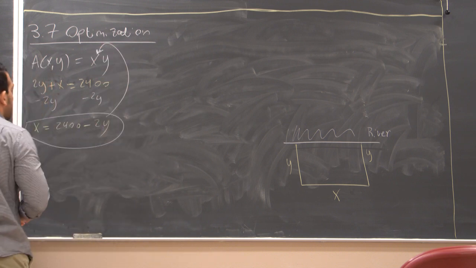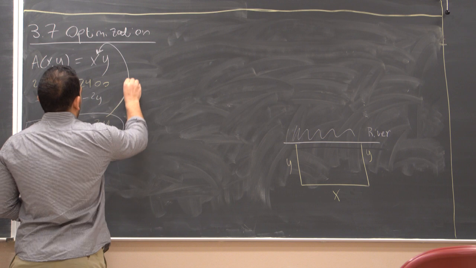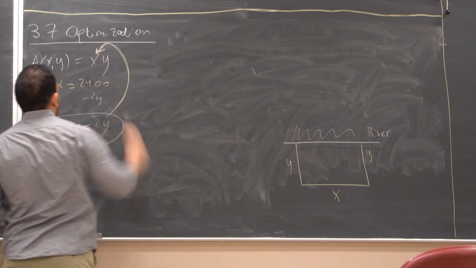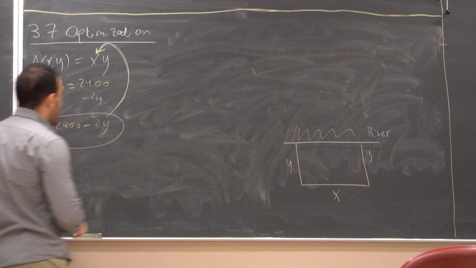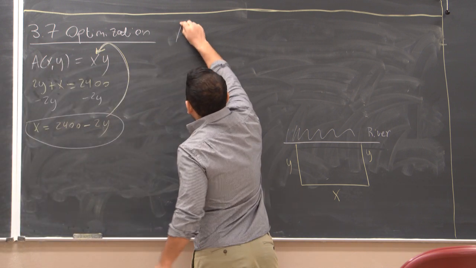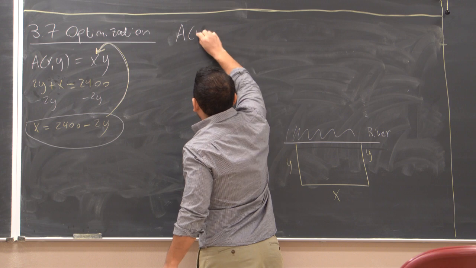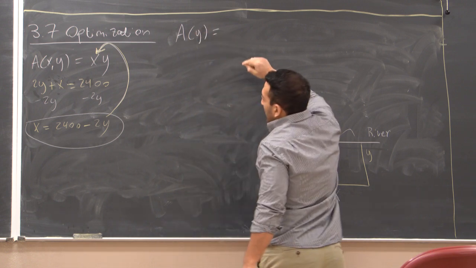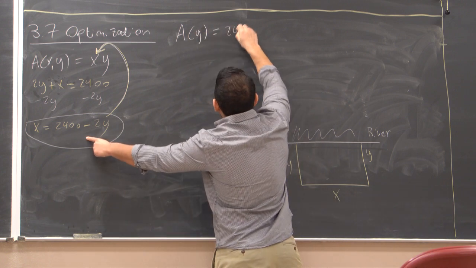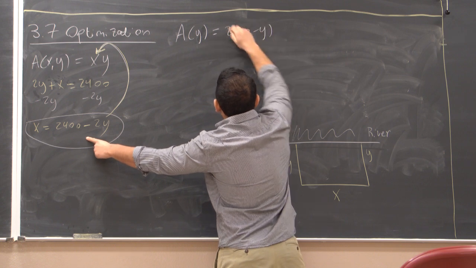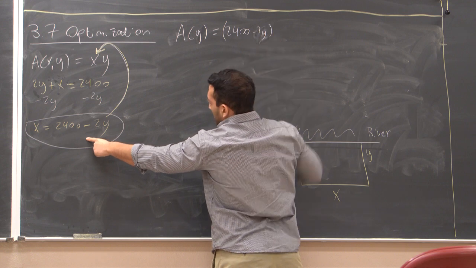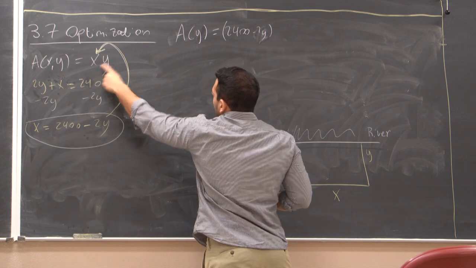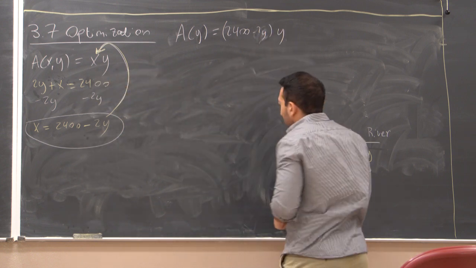This is going to be replaced. Make this substitution. Okay, so now our new and improved area equation, just as a function of the variable Y, will be 2,400 minus 2Y, sorry, so 2,400 minus 2Y, that's what X was, and then times the Y that was already just floating out there to begin with.